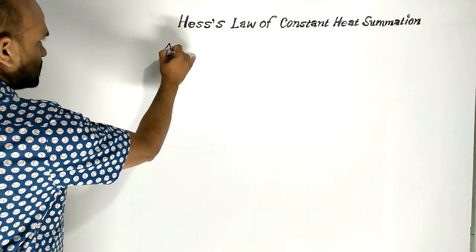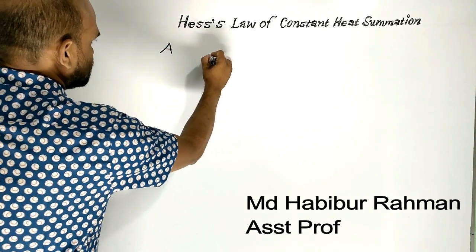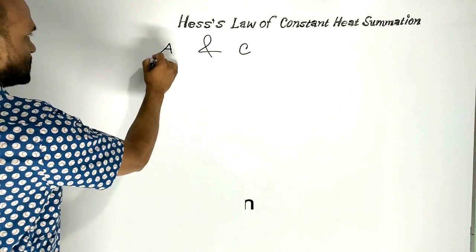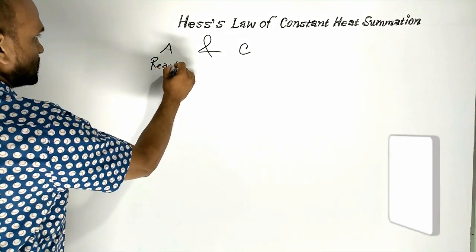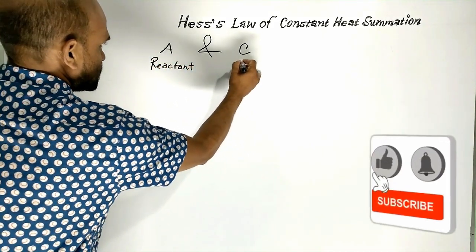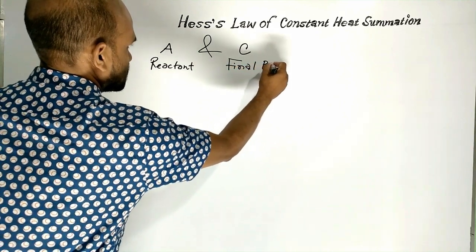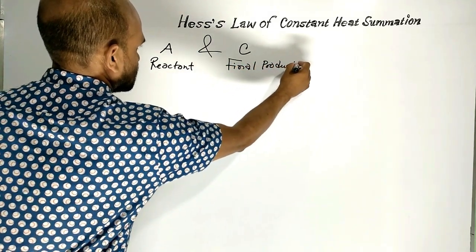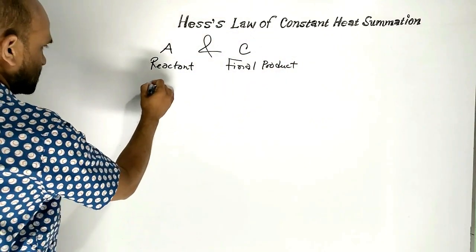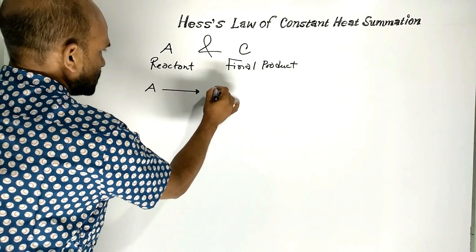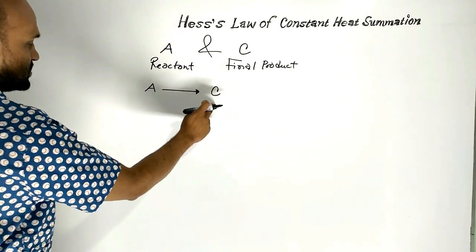Suppose A is reactant and C is final product. That is, A is converted to C directly.